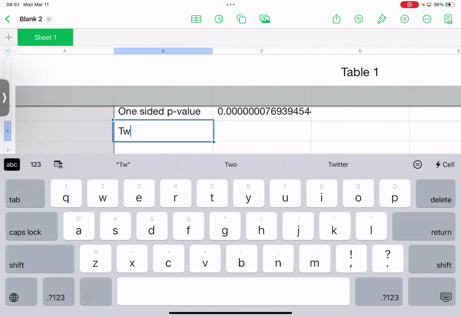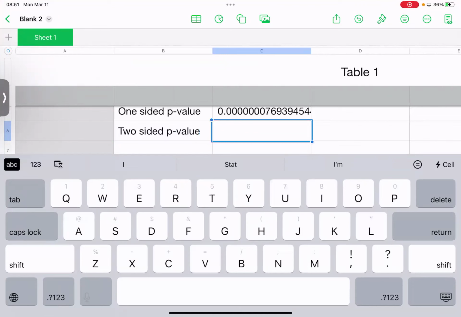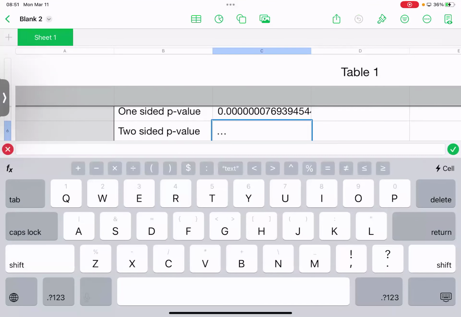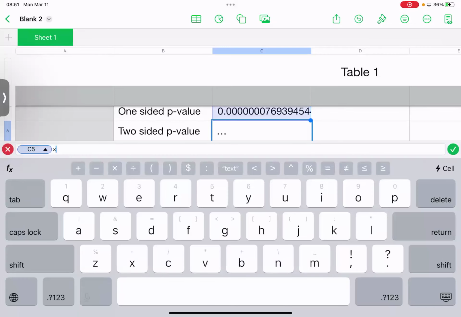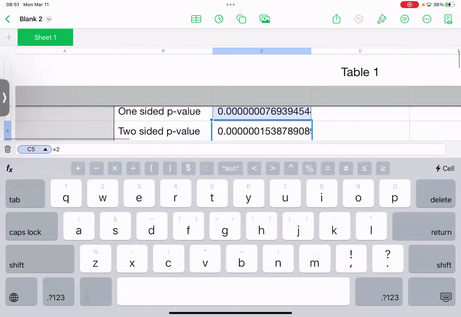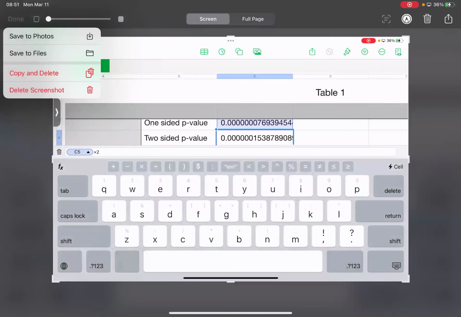So the two-sided p-value is equal to this times 2. I'll highlight that. Take a screenshot.